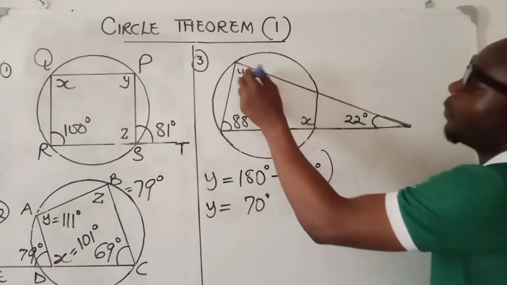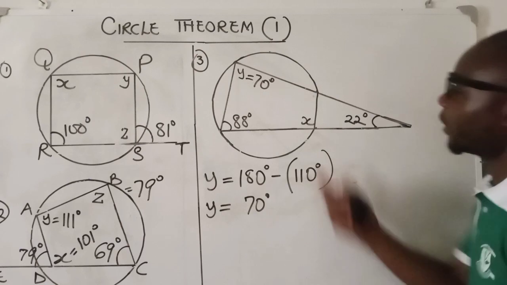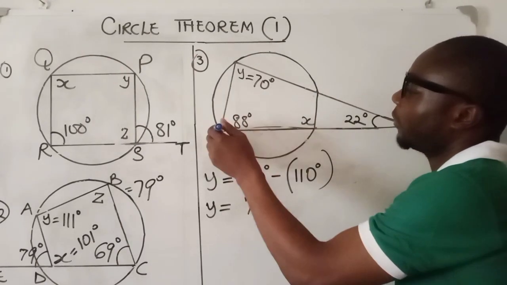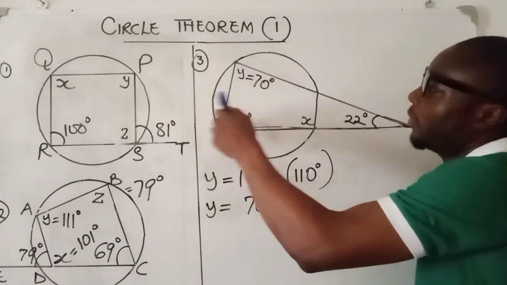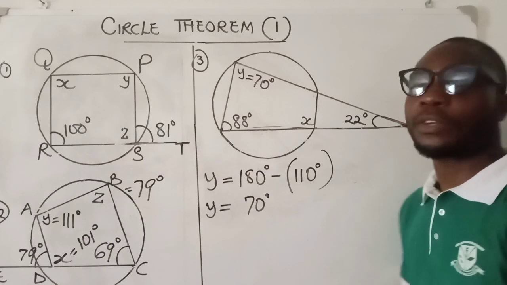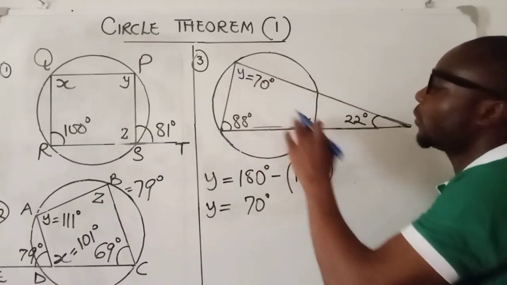So the value of y here is 70 degrees. Now, to get the value of x, we're going to consider this quadrilateral inside this circle, and we're going to remember that the opposite angles in a cyclic quadrilateral are supplementary. That means this angle is opposite to this angle.